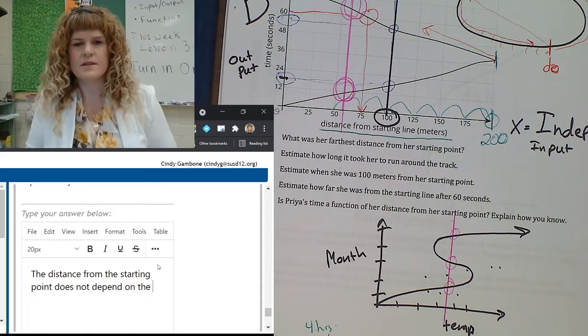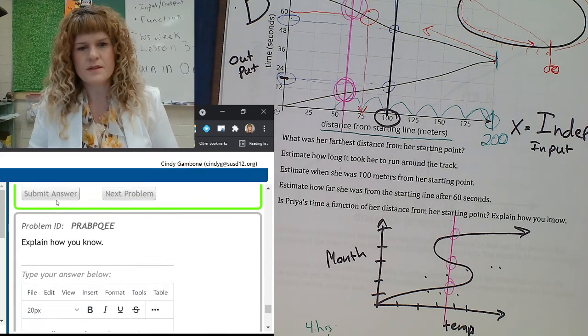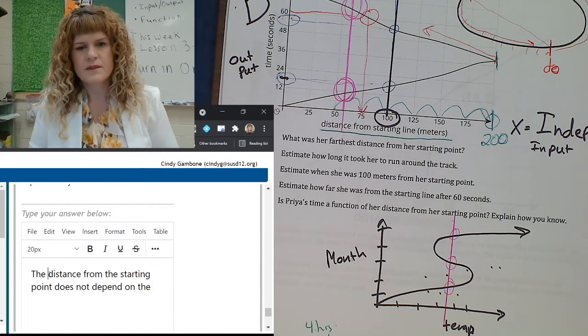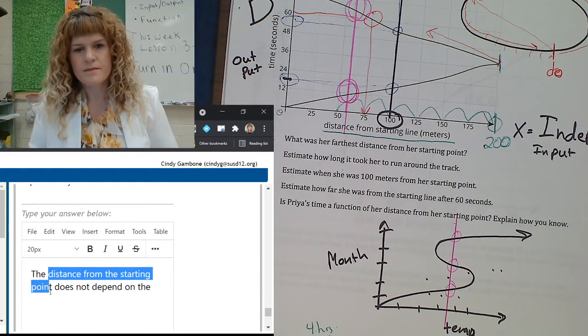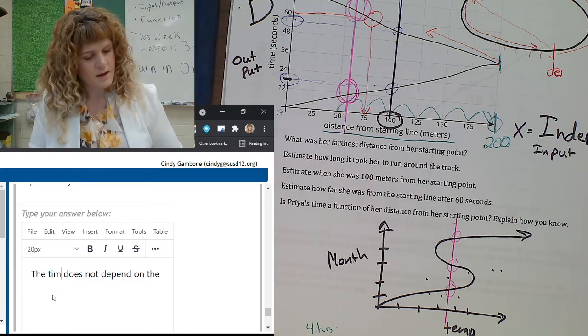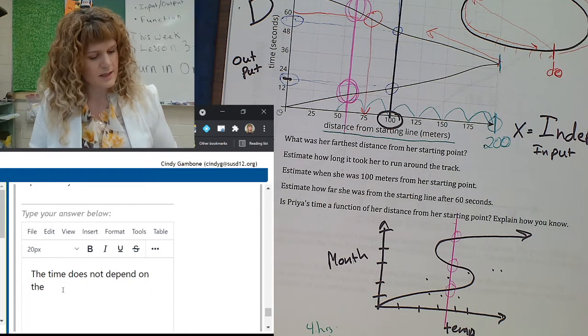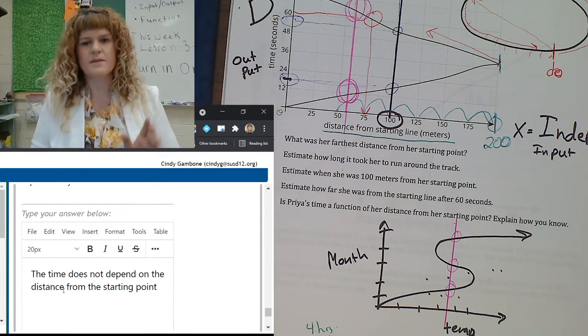I think I have it backwards. The time does not depend. Oops. Sorry. The time does not depend on the distance from the starting point.